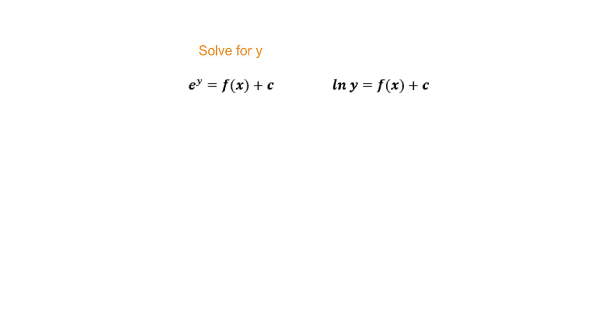Let's solve for y. Before we get started, let's go over some more formulas. We know a to the log base a of x power gives you x. Therefore, e to the natural log of x equals x, and 10 to the common log of x equals x.